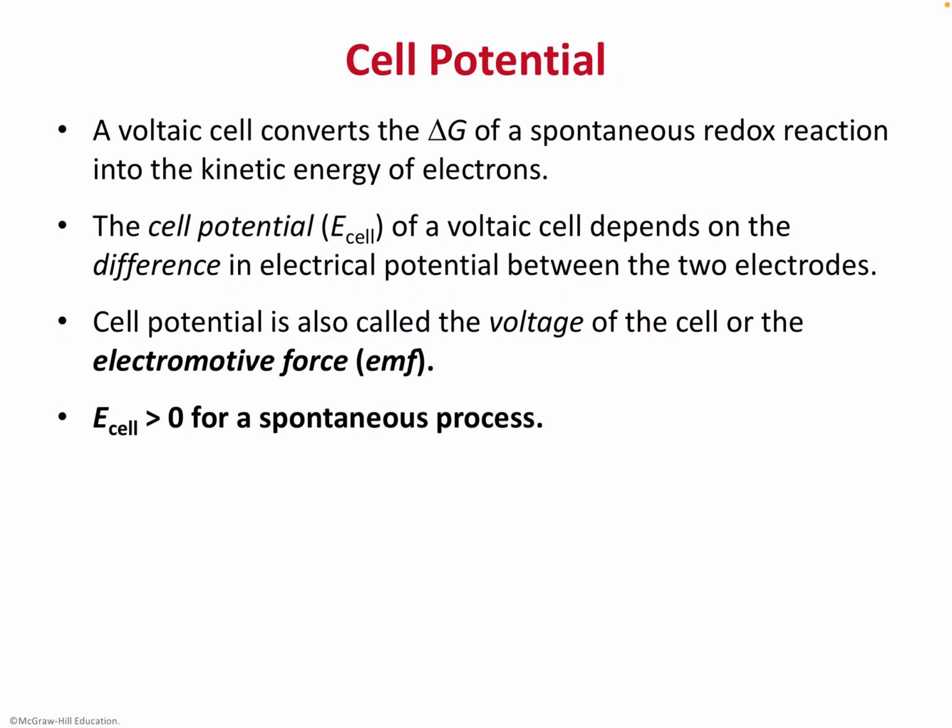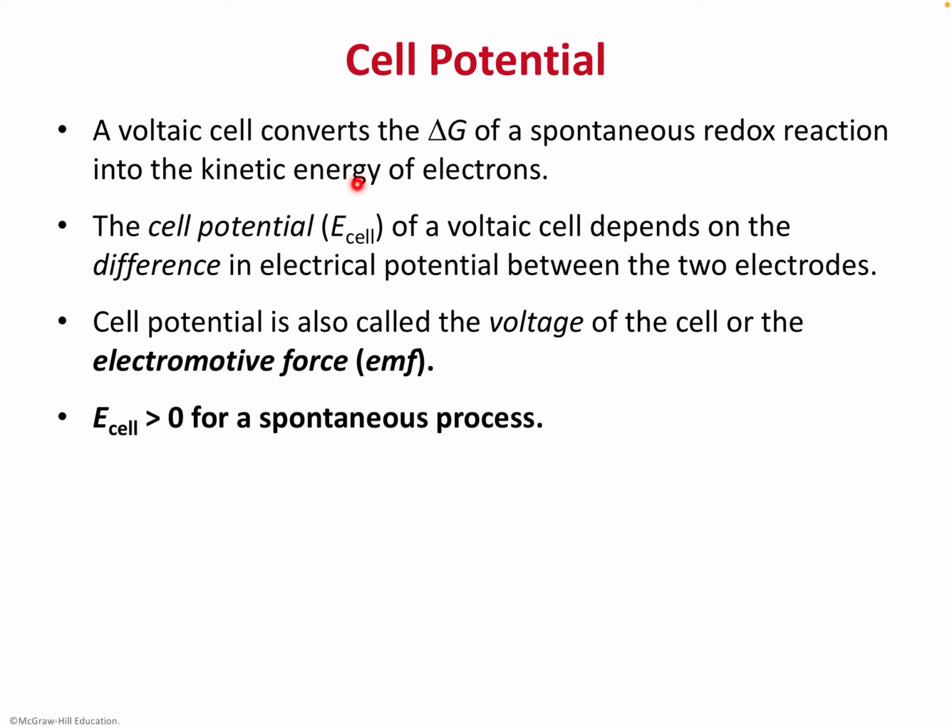Okay. So cell potential. A voltaic cell converts the delta G, the Gibbs free energy of a spontaneous redox reaction, into the kinetic energy of electrons. Kinetic energy is the one that is responsible for movement. Remember, kinetic means the movement of electrons, even the movement of us.